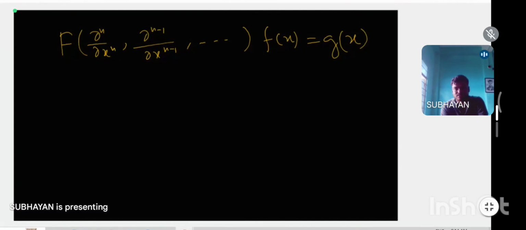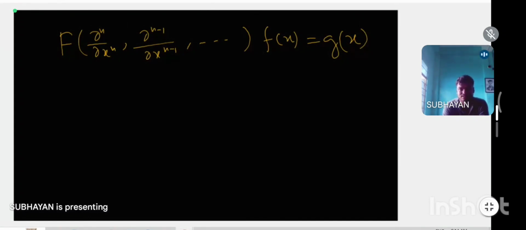In one dimension, you can write some function of del n del x n, del n minus 1 del x n minus 1, over some f of x equal to g of x.